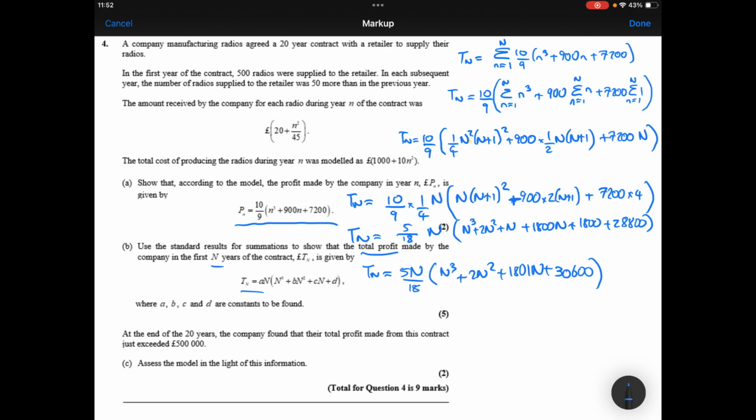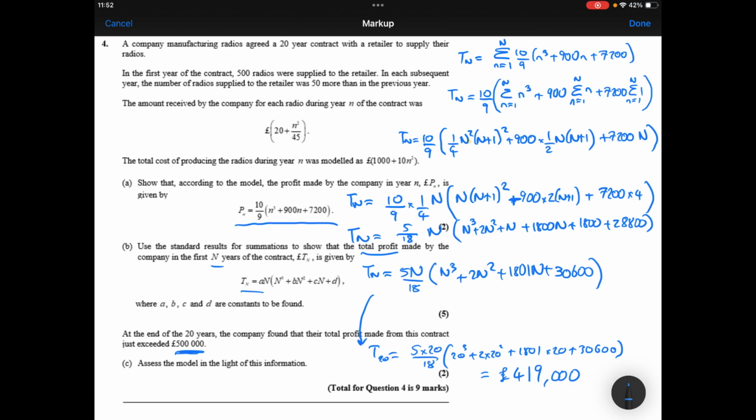Well, according to the model, in 20 years, so T20 would be 5 times 20 over 18 times (20 cubed plus 2 times 20 squared plus 1,801 times 20 plus 30,600), which gives me, to three significant figures, a profit of £419,000, which is significantly less than what they actually found.